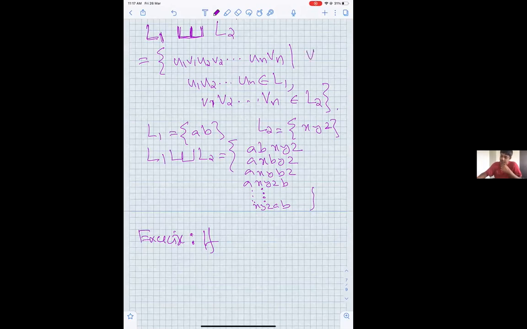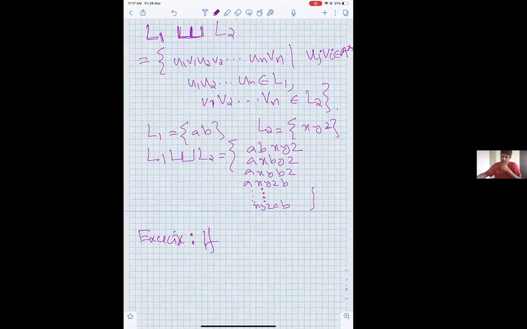So I'm saying that UiVi is in A star. Okay. So if V2 is empty, you will remove it. No, if you have V2 suppose empty, then you will combine U2 and U3, yeah, you will combine U1 and U3.